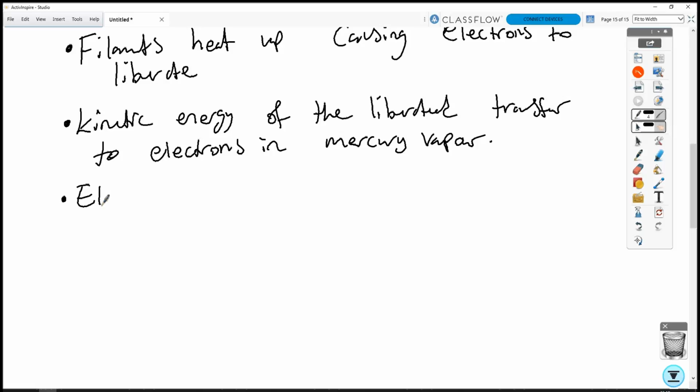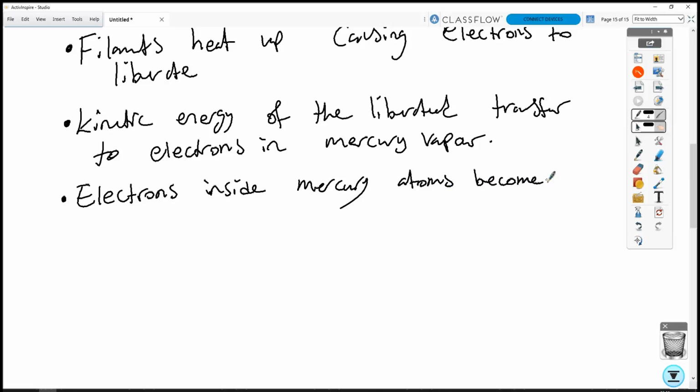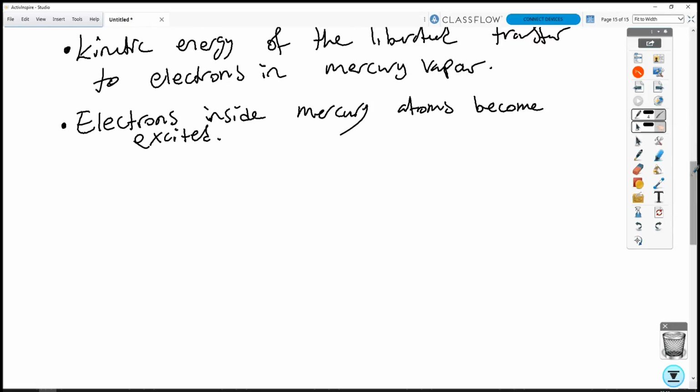Then the electrons inside mercury vapor become excited. So electrons inside mercury atoms become excited. When they de-excite, they emit UV photons.